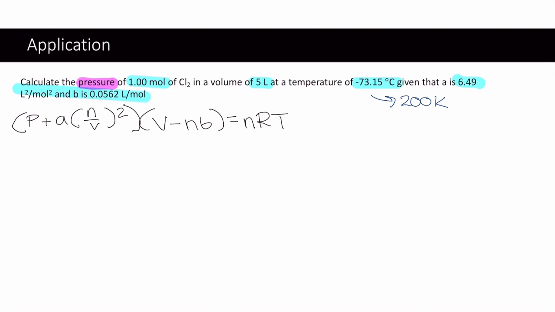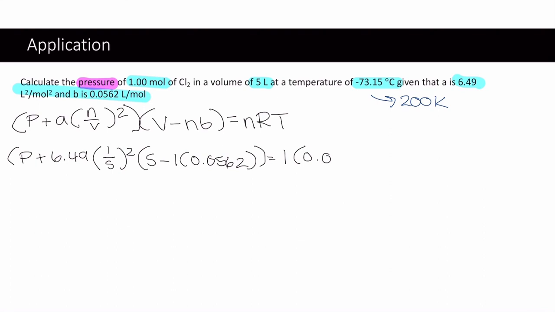So now we have to plug these numbers in. So now since we plugged these in, we can do some of the calculations.